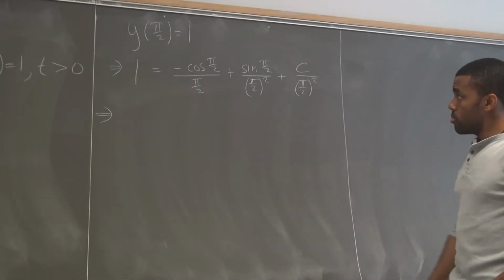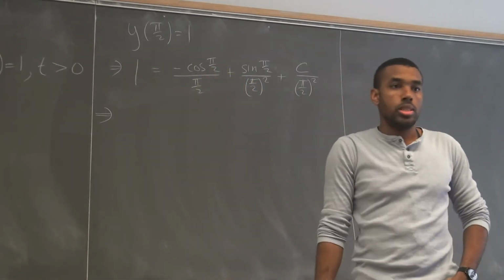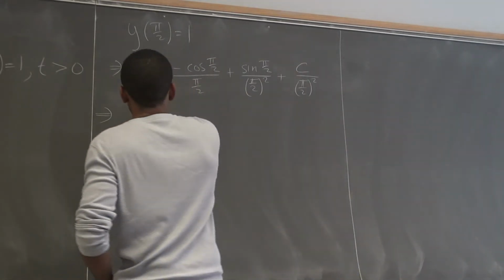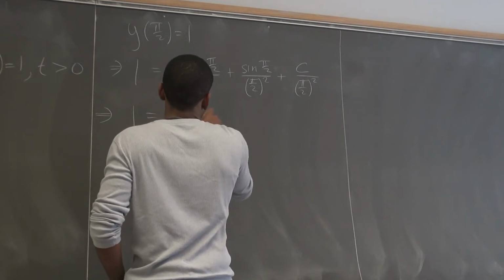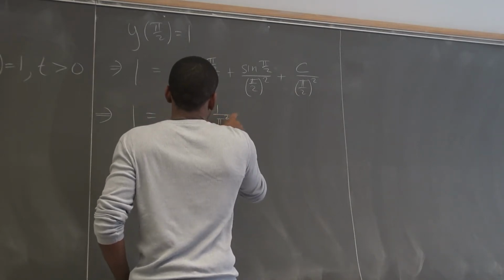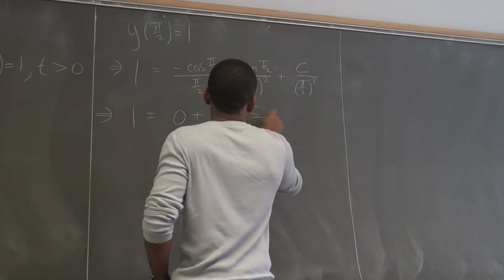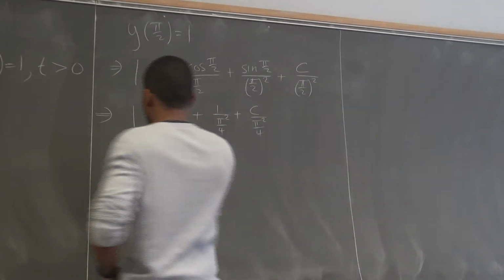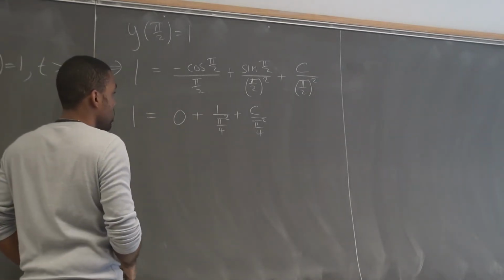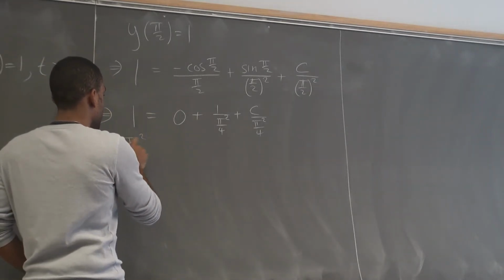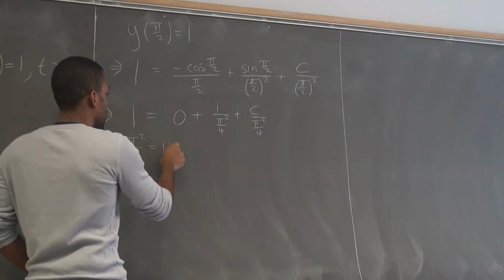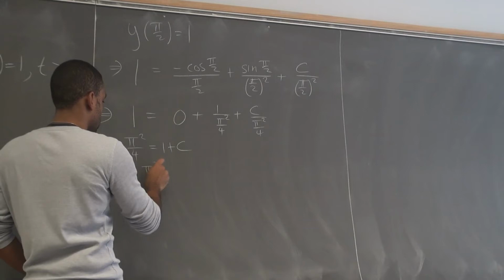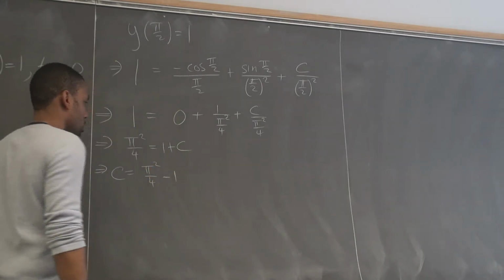And so now, what's cosine of pi over 2? 0. What's sine of pi over 2? 1. And so now I can solve for my c. Multiply by pi squared over 4. It would be 1 plus c. This means that c is equal to pi squared over 4 minus 1.